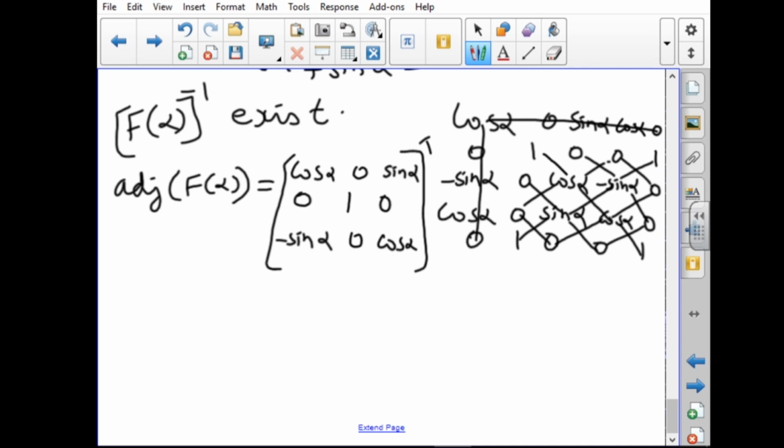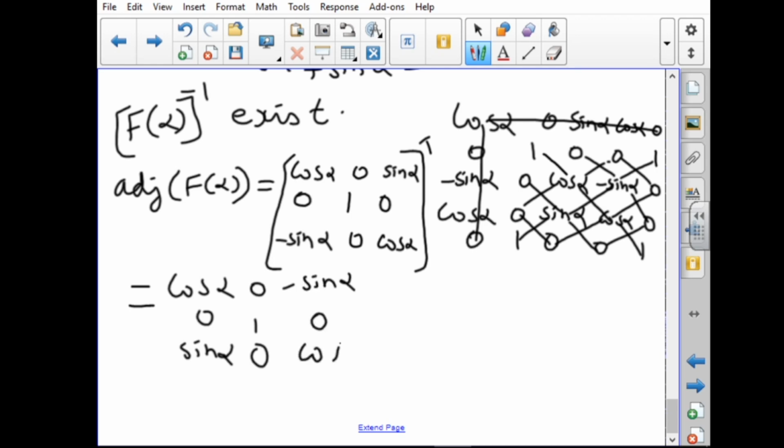So it is equal to, write the transpose. So we get cos alpha 0 sin alpha, then 0 1 0, minus sin alpha 0 cos alpha.